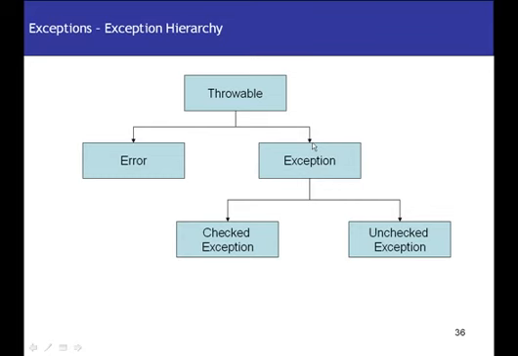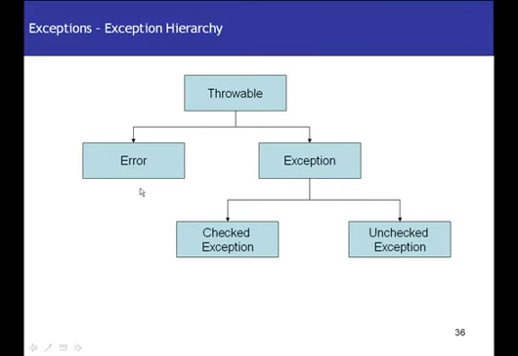The basic difference between error and exception is that errors occur due to something that is out of control of your code or your program, right? There is something which cannot be controlled by the way you write your code. For example, out of memory is an error.